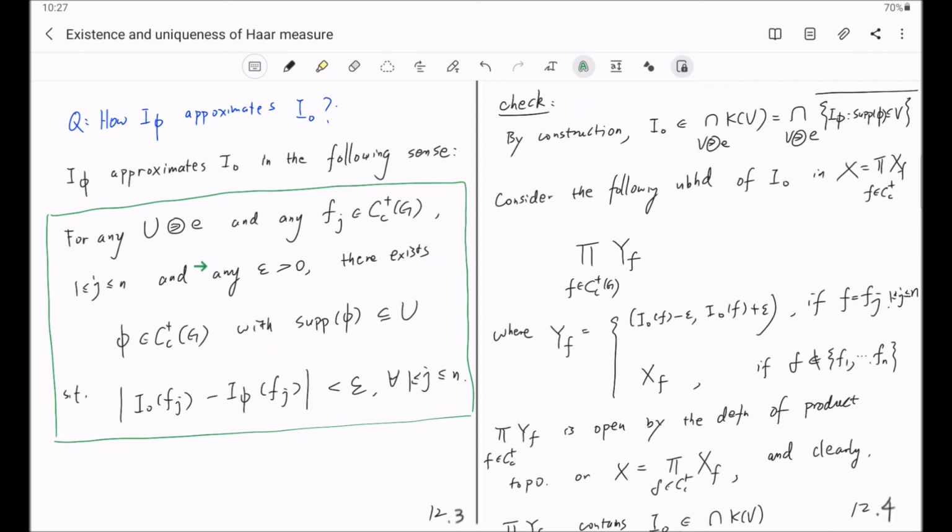And we can also explain this in another way. If you are familiar with the relation between the product topology and the pointwise convergence topology.